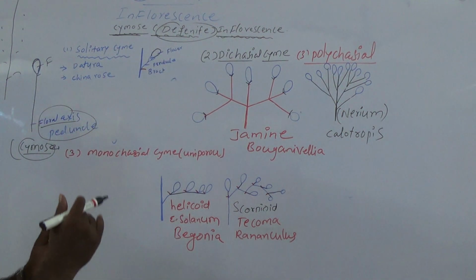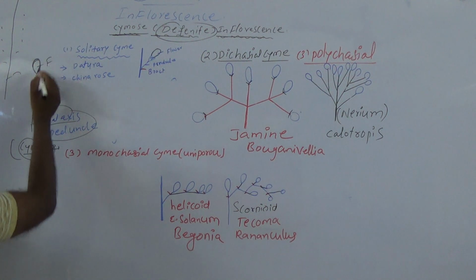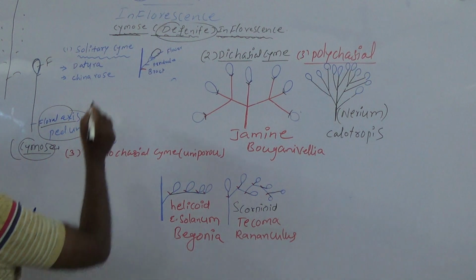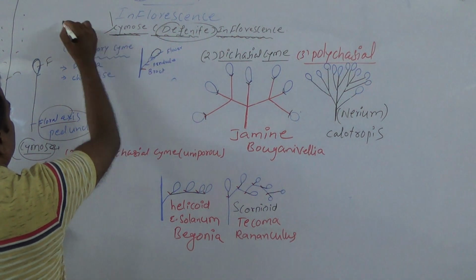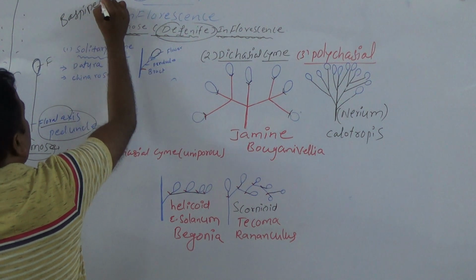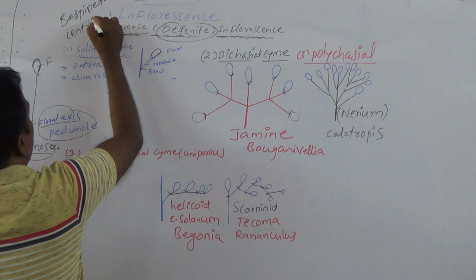The axis has definite growth. That means it ends with a flower. That is cymose inflorescence. Then flowers are arranged in two manners: one is basipetal manner, the second is centrifugal manner.